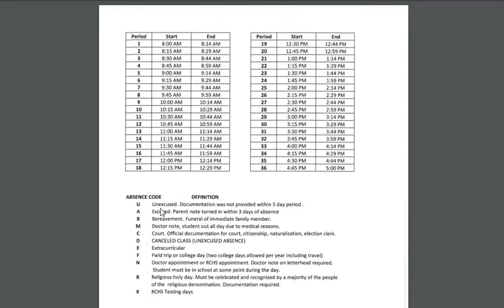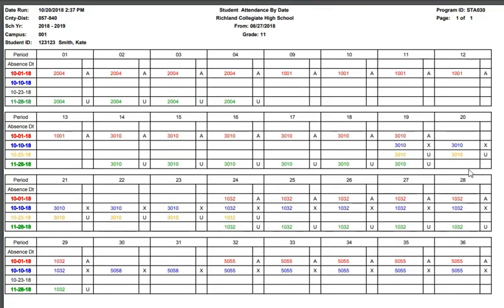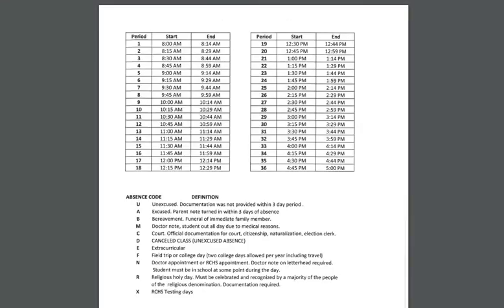We go back, that is an unexcused absence. Documentation was not provided within 3 days, if that student was out for a medical reason or an appointment. And the last one we see also is 1126. It is a U, so the same. It is an unexcused absence.